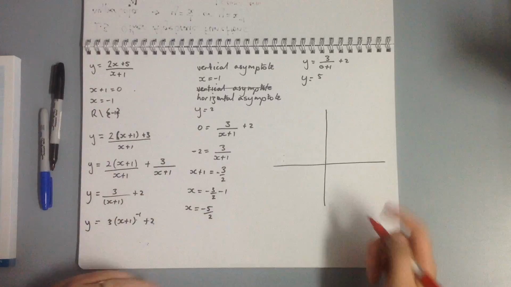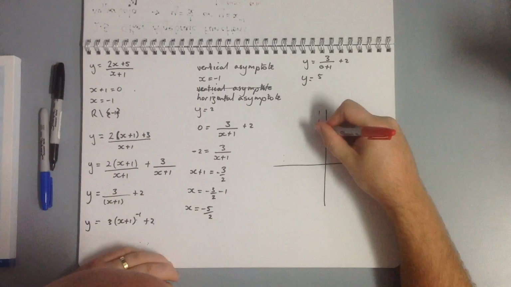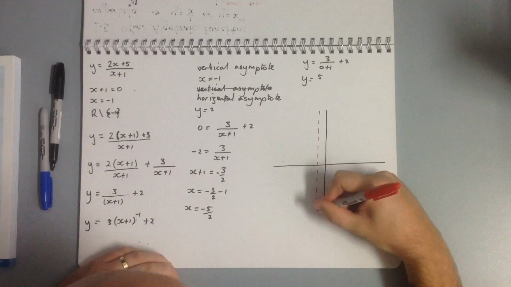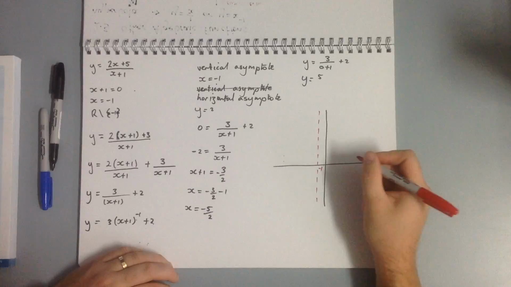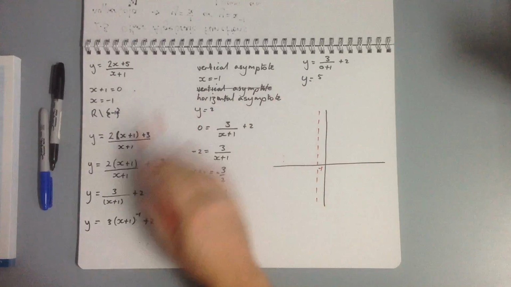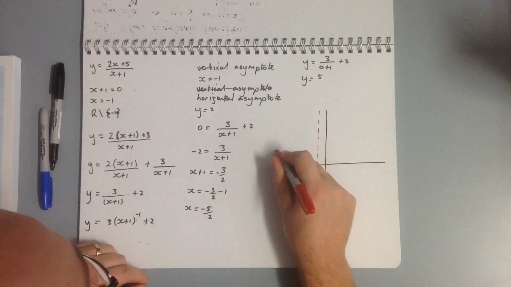So we know we've got a vertical asymptote at negative 1. We have a horizontal asymptote at y equals 2.